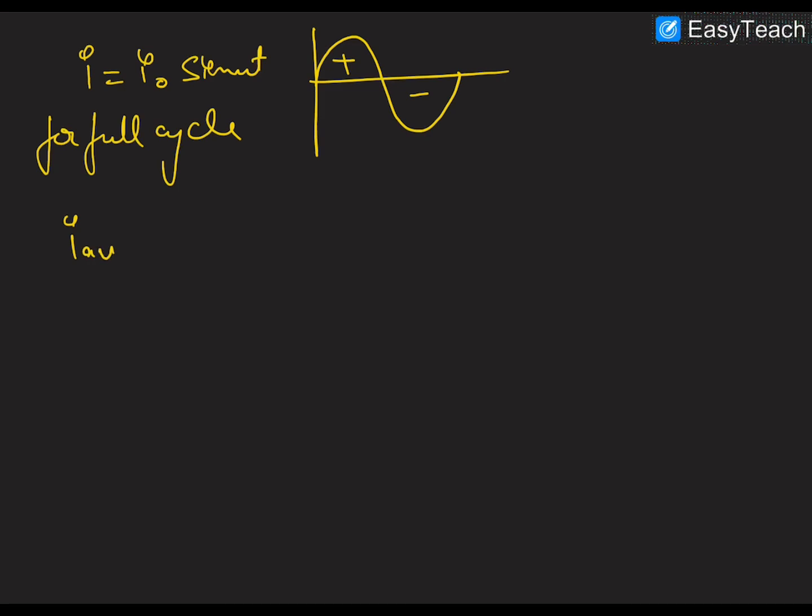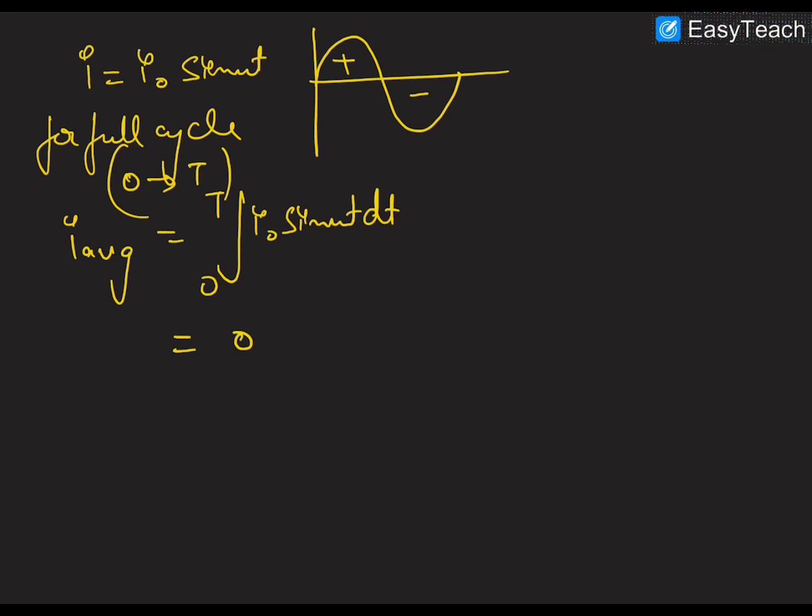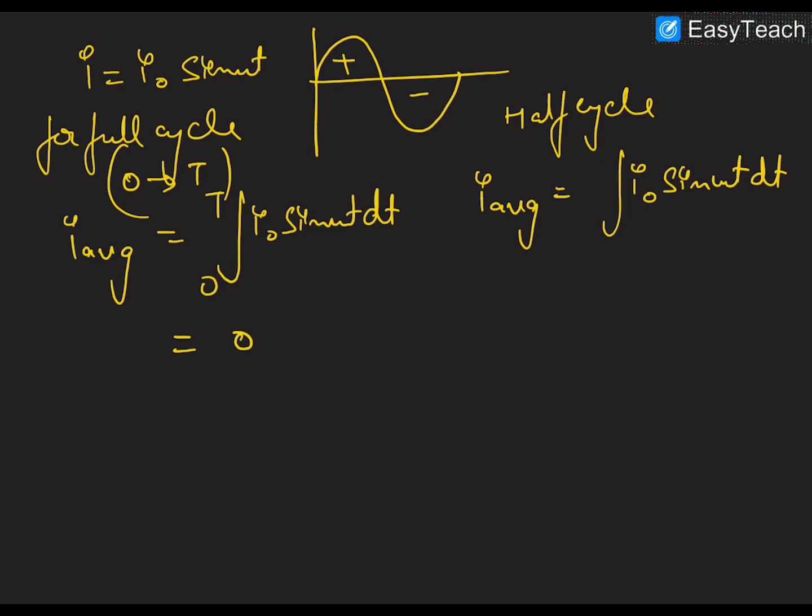So I average in full cycle from 0 to T will be the integration of I naught sine omega t dt, and the limit will be from 0 to T, and it would be 0, because you know that in full cycle the average of sine is 0. But in half cycle, we can say that I average will be equal to the integration of I naught sine omega t dt divided by T, the limit will be from 0 to T by 2, and I naught by T is common.